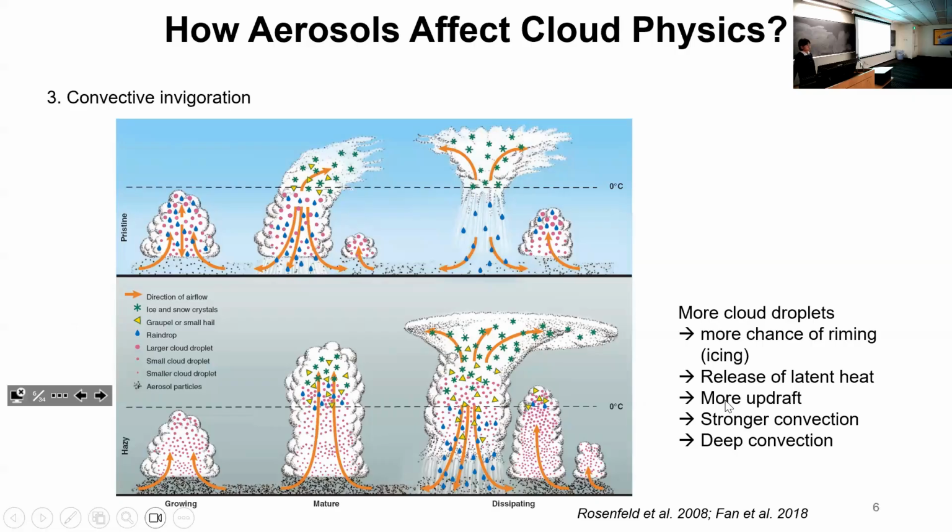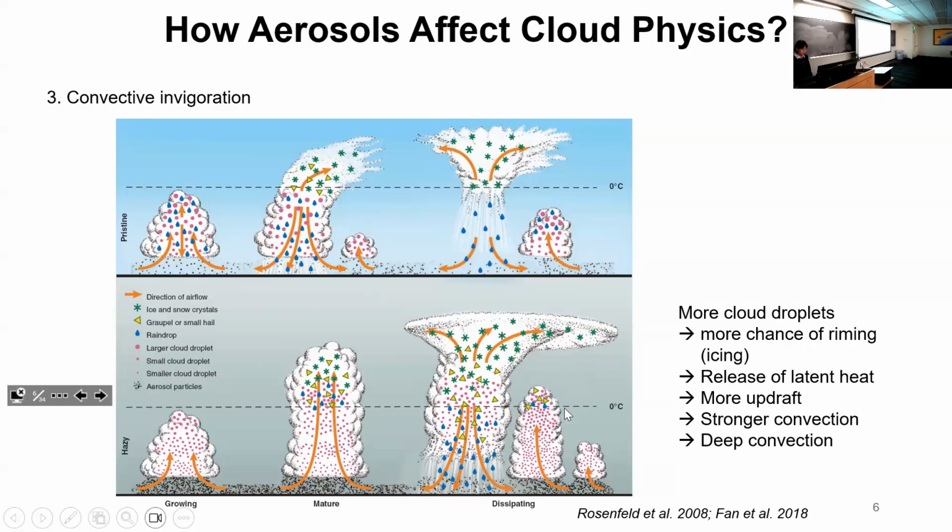Aerosol processes in deep convective clouds are a little bit complicated. This figure shows the convective invigoration process by aerosols. This is a cloud evolution for a pristine, clean environment at the top, and a polluted environment at the bottom.